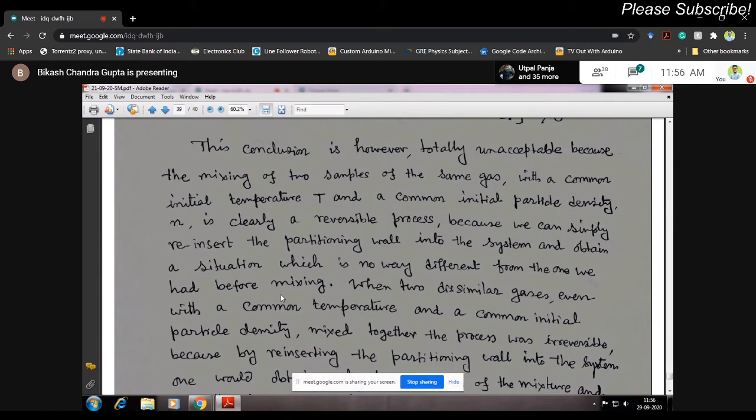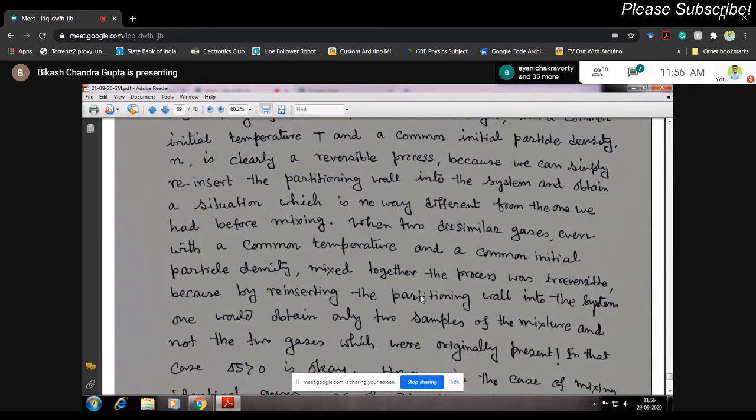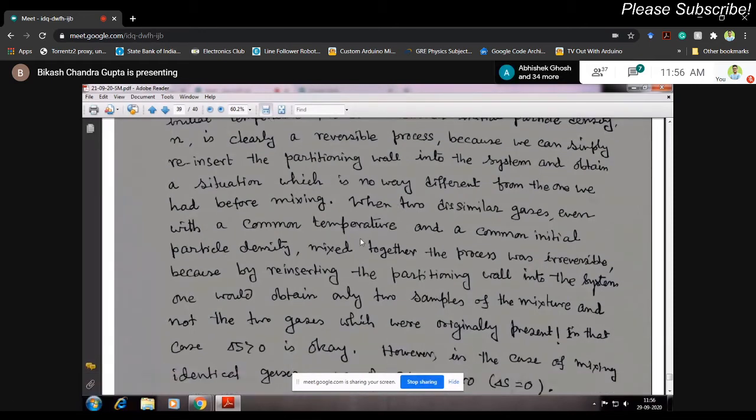So with this logic, you should not expect any increase of entropy, and you would expect that entropy should remain zero. Now it is saying that when two dissimilar gases, even with a common temperature and a common initial particle density, are mixed together, the process is irreversible. Process is irreversible, right?